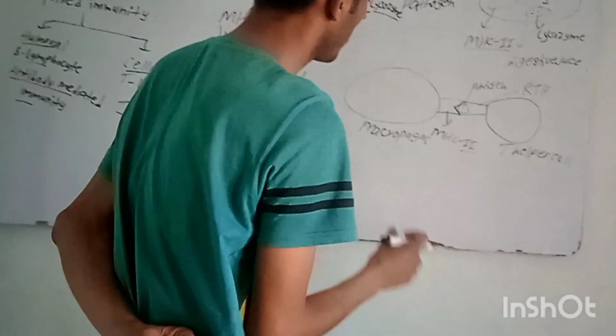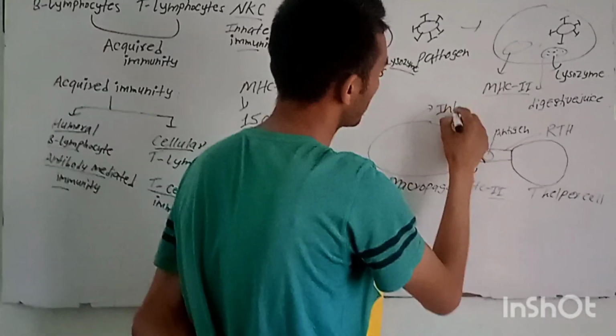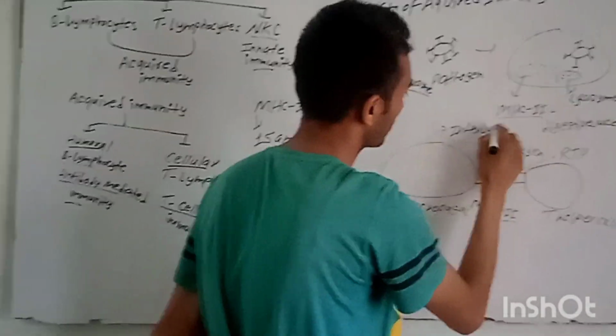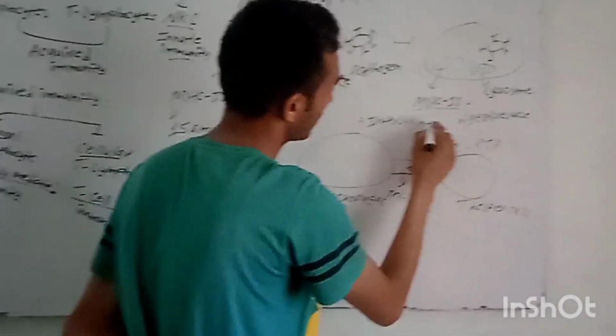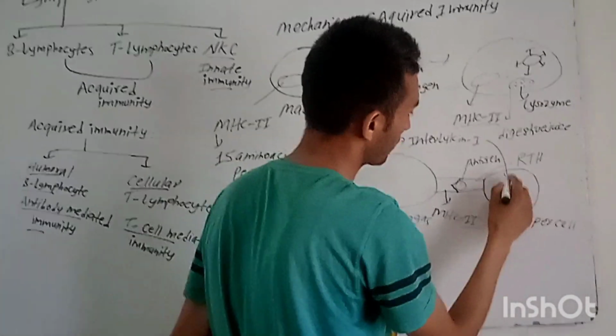Then the macrophage produces interleukin first, which stimulates the T helper cell.